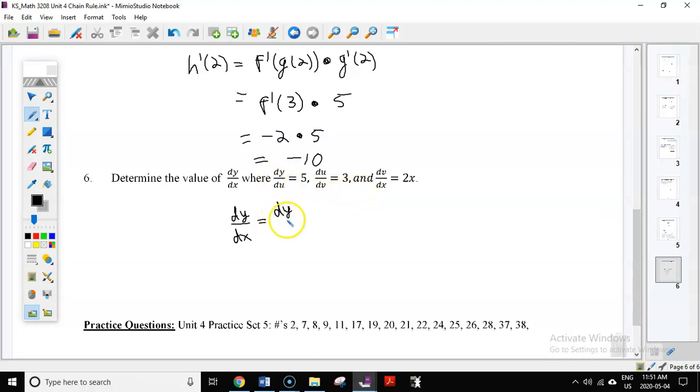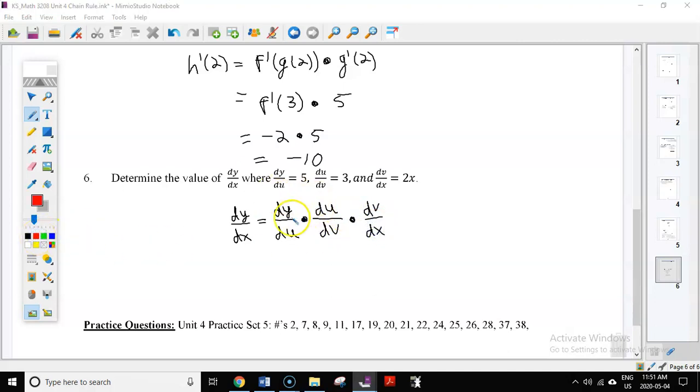So the only one there is dy du. Now I don't want du left in my answer. I want dy and dx. So in order to cancel out du, I got to have it in the numerator of the next one. And then what's it paired with? dv. And then in order to cancel out dv, I need it in the numerator of the next one. And then I've got my dx.